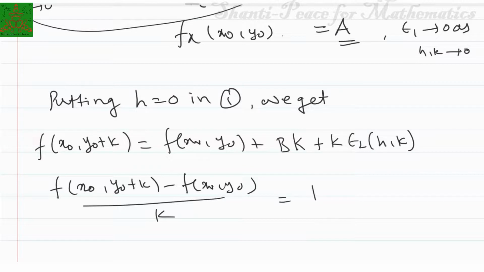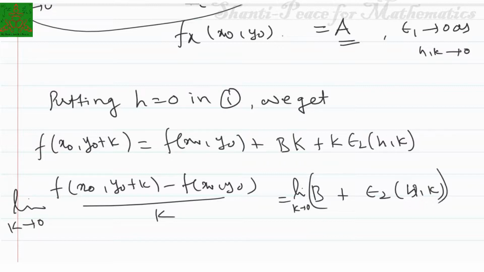Again, we simplify this quantity to get b + ε2. If I take the limit on both sides as k tends to 0, ε2 tends to 0 as (h,k) tends to 0.